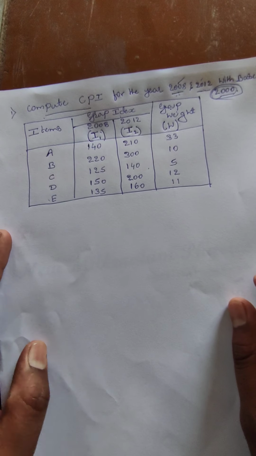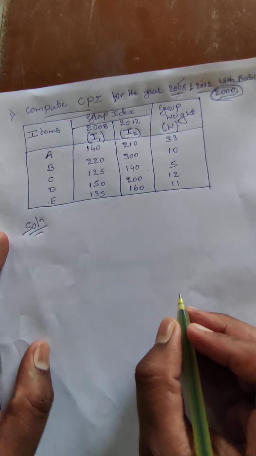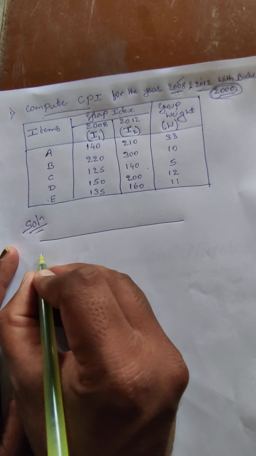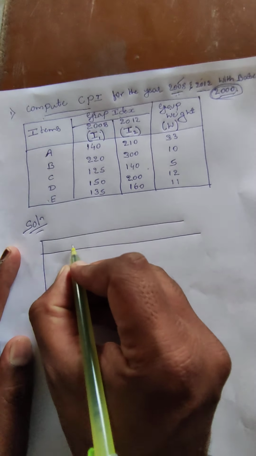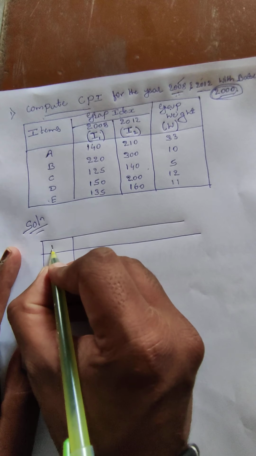Okay students, let us see how to solve the problem. Solution for this problem: first we should write down the given information as it is. First they give information of commodities, meaning items.